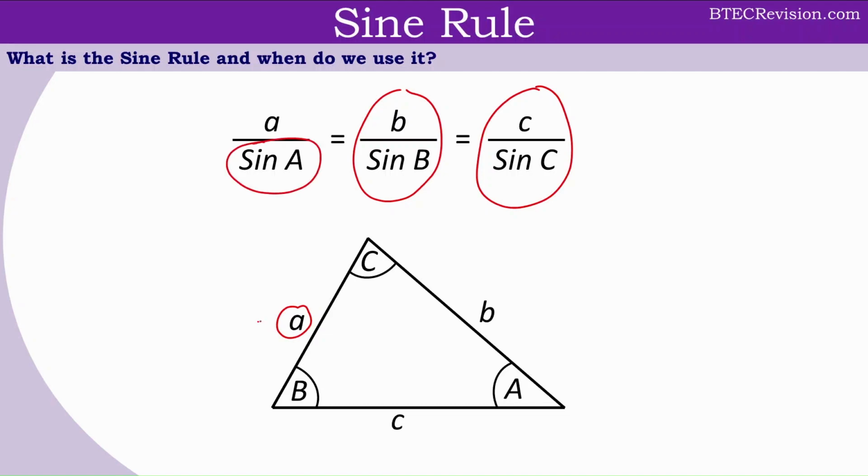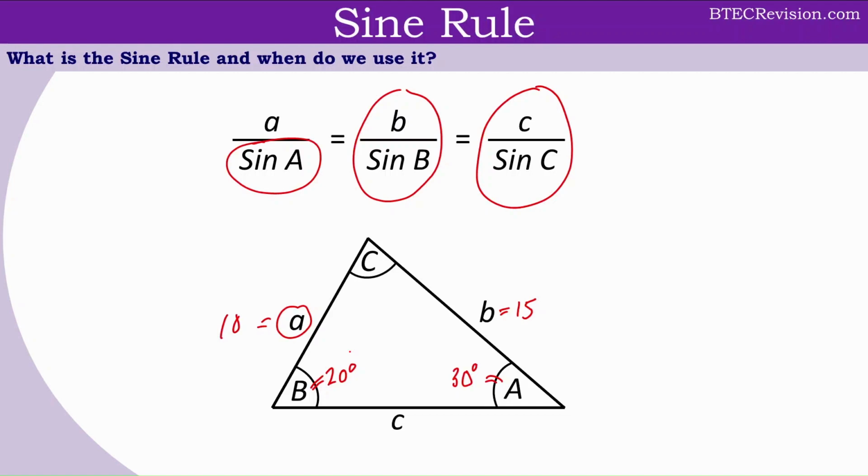For example, let's take A to be equal to 10, and we'll take the angle capital A equal to 30 degrees. Then we can take B to be equal to 15, and we'll take capital B here to be equal to 20 degrees.